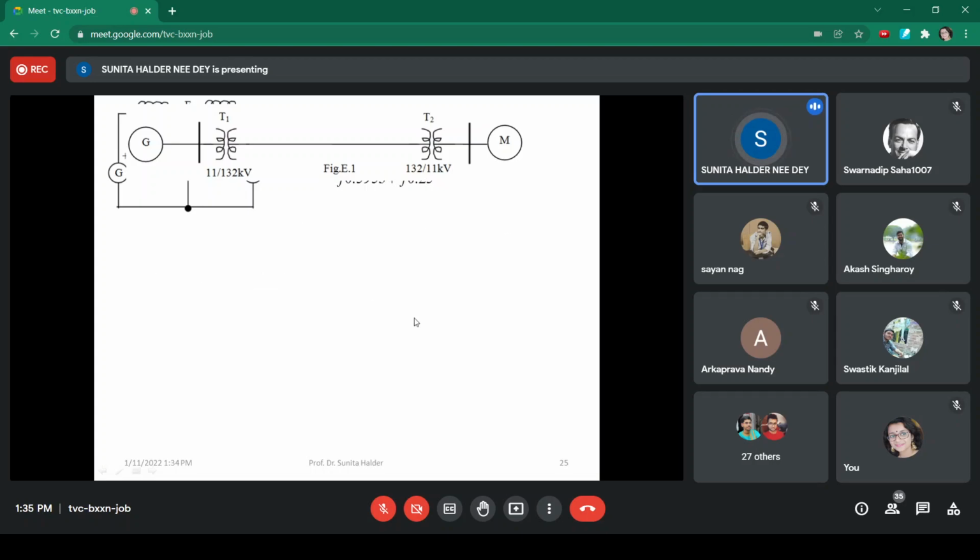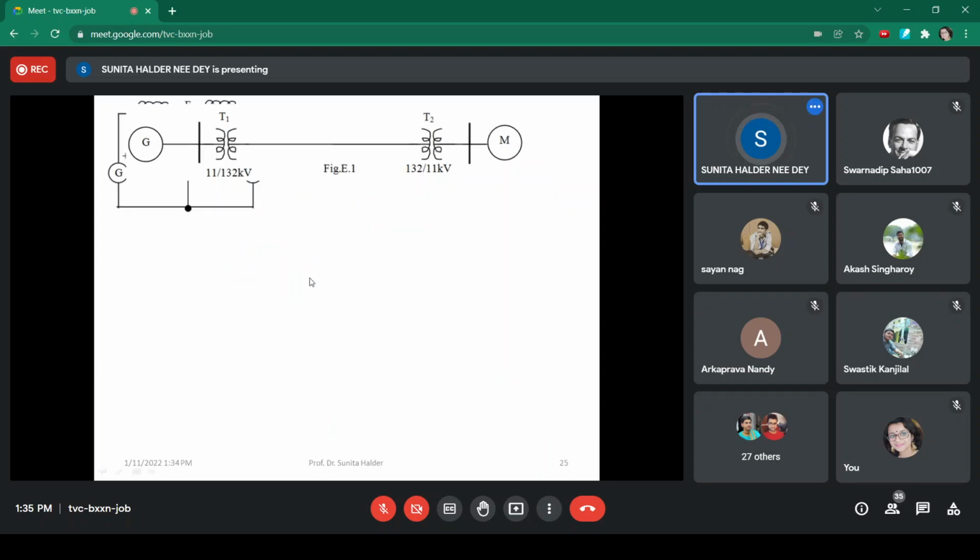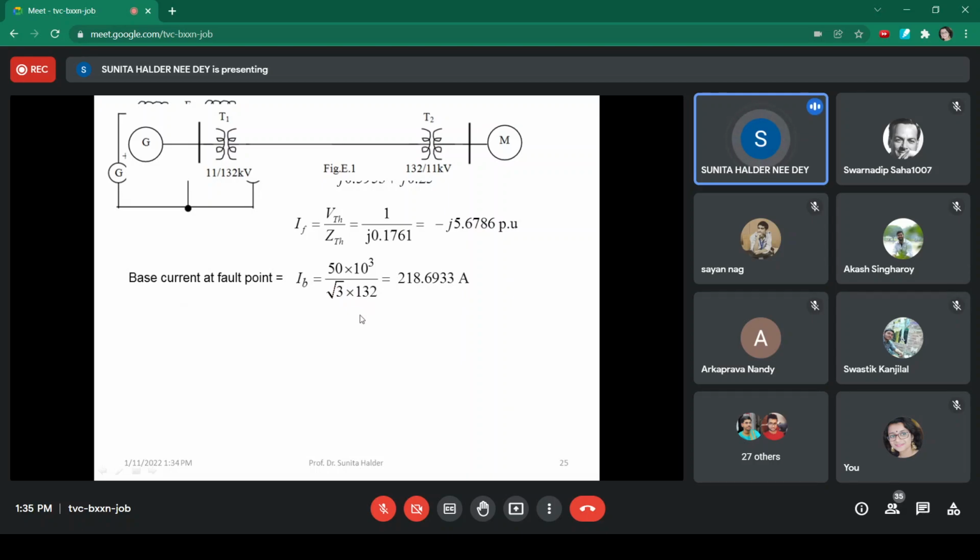At the same time, if I ask you to calculate the generator current at that moment, then obviously you can calculate this current in per unit, right? But when you calculate the generator current in actual value, at this point the voltage is 11 kV. So the base current will not be this one, but you have to calculate the base current using the voltage 11 kV.